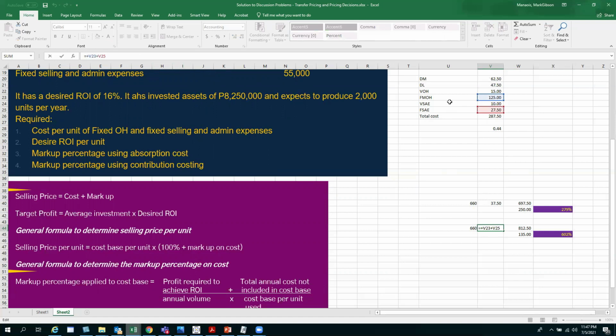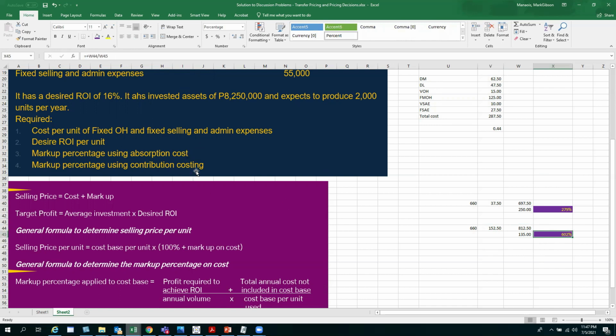So that's your fixed manufacturing overhead plus fixed selling and admin expenses. So 660 plus 152.5, so that's 812.5. Again, divided by your total manufacturing cost, which is your direct material, direct labor, variable overhead, and variable selling and admin expenses. So 812.5 divided by 135, so that's 602%.